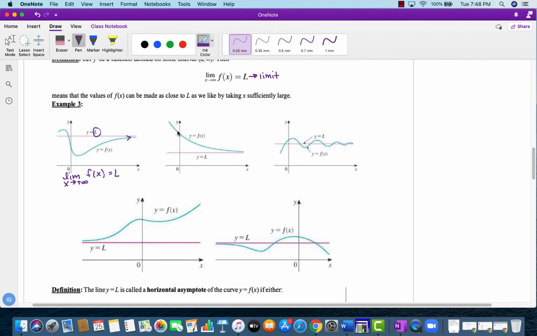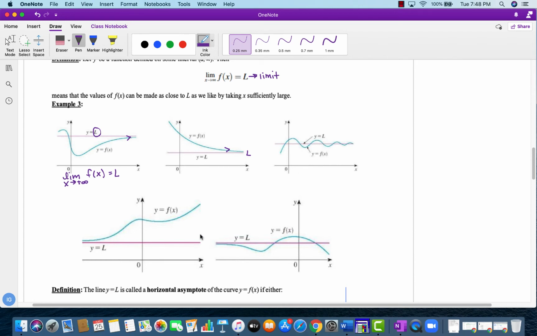You can be above this line. As you go to positive infinity, you're still getting closer and closer to this line, which is L. And the last case will be if you're going above and below this red line, you're still getting closer and closer to that same value, which is this line right here. So the limit is still going to be equal to L.